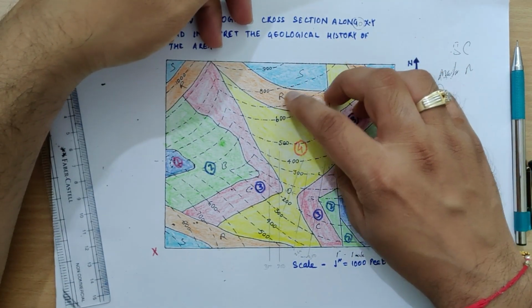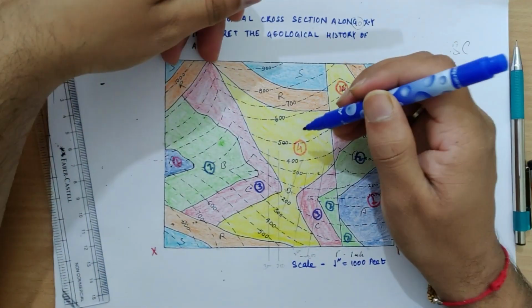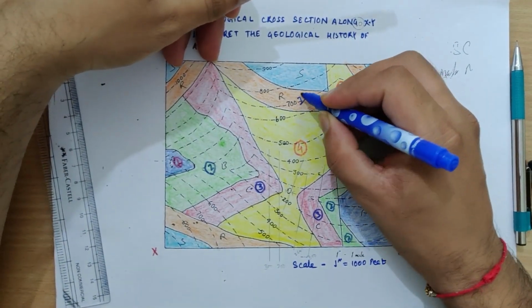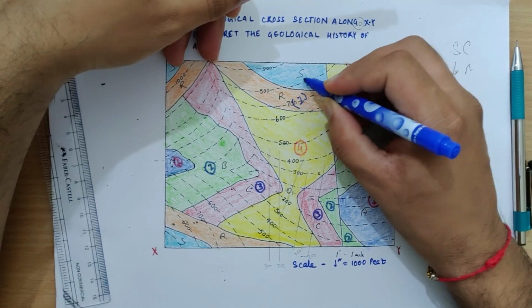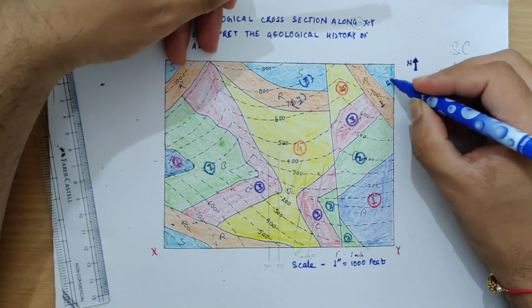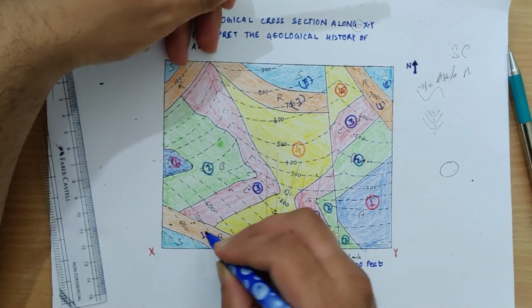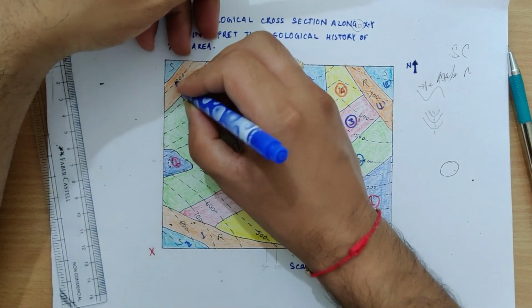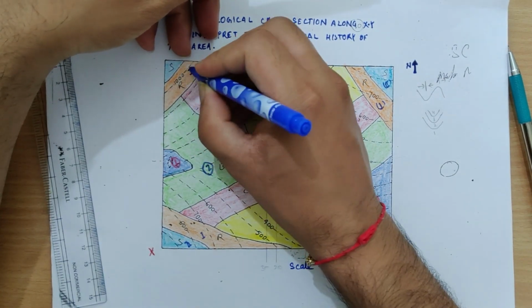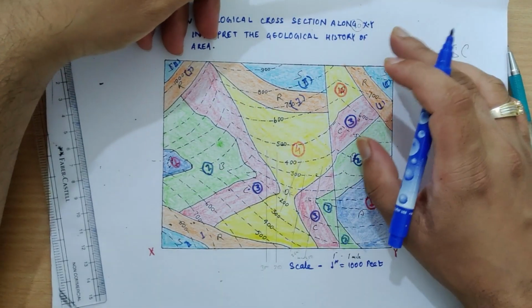So there was deposition of beds R and S of the younger sequence. This is the first bed of the younger sequence and this is the second bed of the younger sequence.